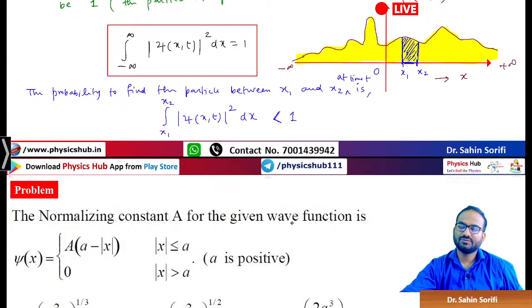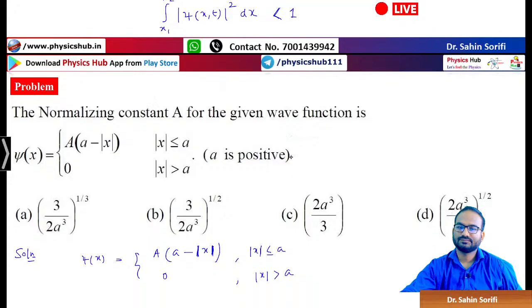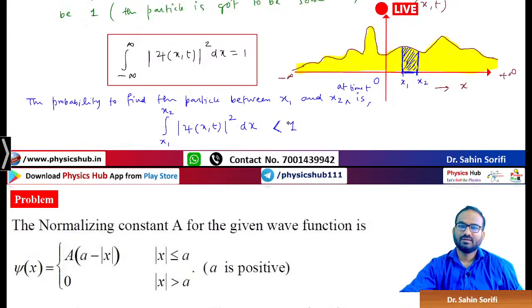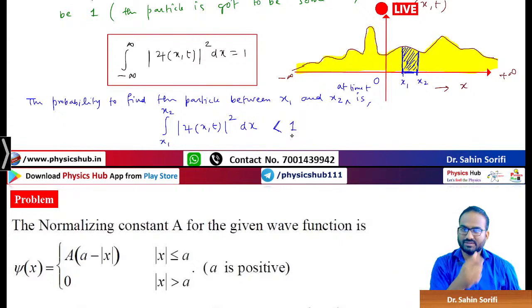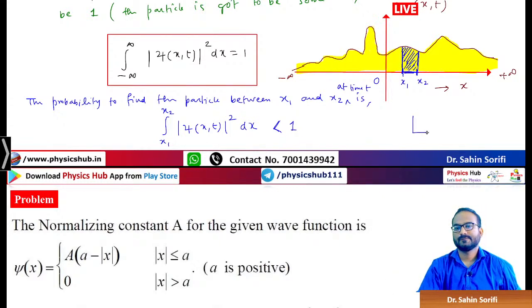Yes, it will not be equal to 0. At whichever point you do this scanning, there will be some finite probability. It may be very close to 0, but not exactly 0. But the situation may appear, if you consider, let's say, a particle in a box with 0 to L. If you find the probability to find the particle between, let's say, 2L to 3L, that will be 0.